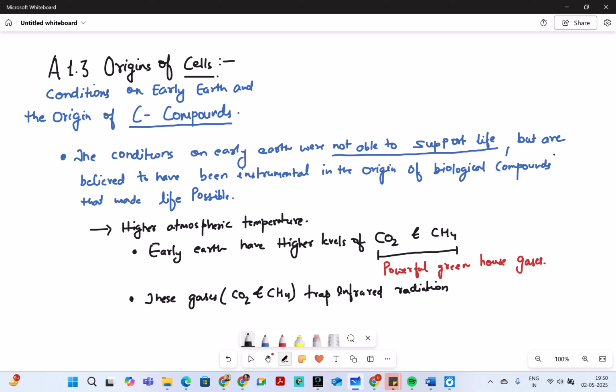From where are these rays coming? They come from the surface of Earth.